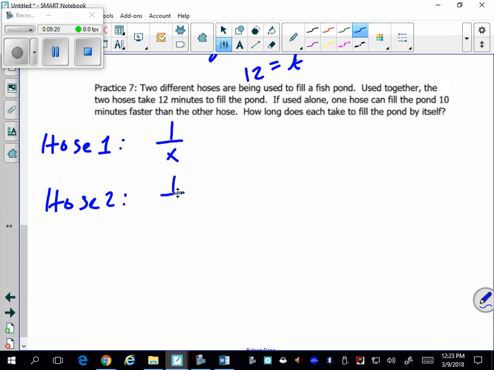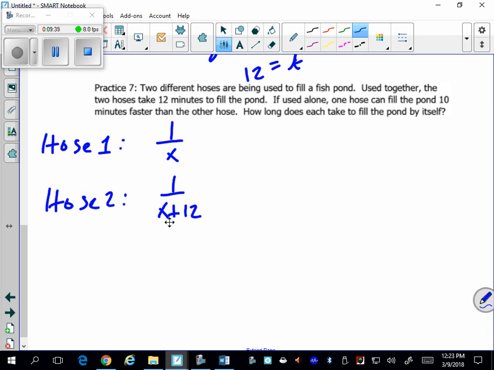One of the hoses takes 10 minutes faster than the other to fill up. So you could do X minus 10, or you could do X plus 10 on one of them. And so this one here takes 10 minutes longer to fill up than this one.